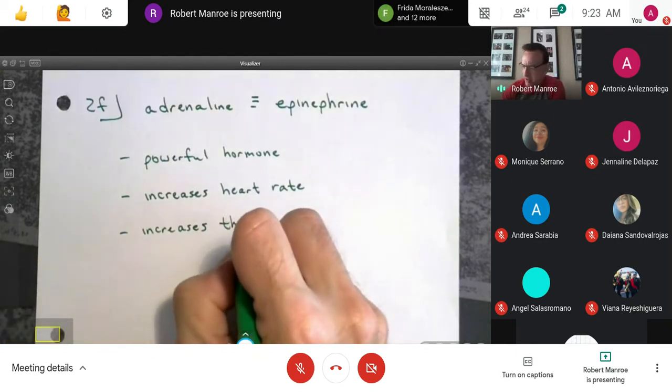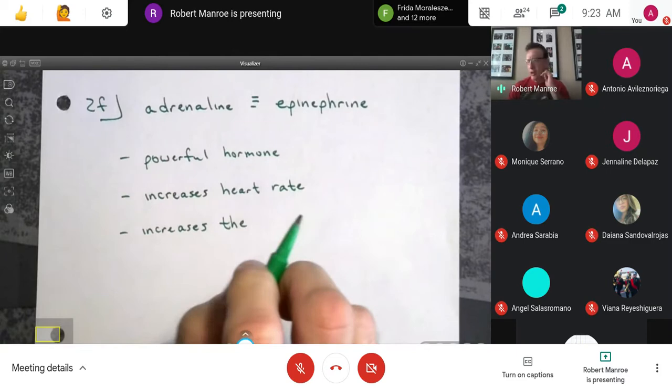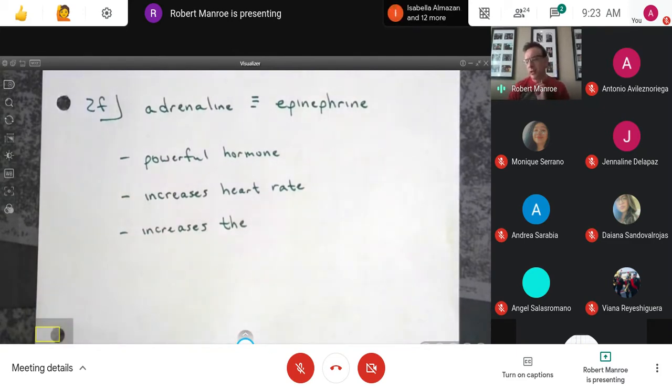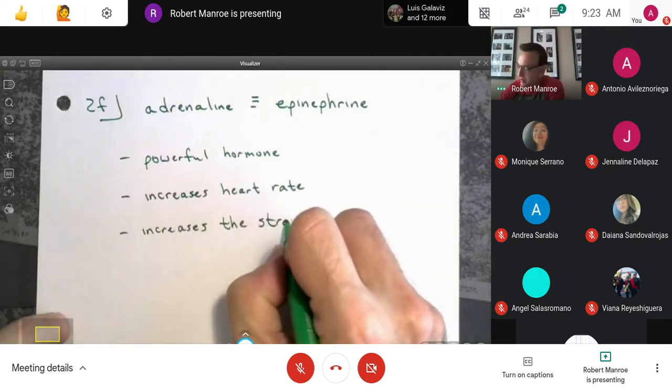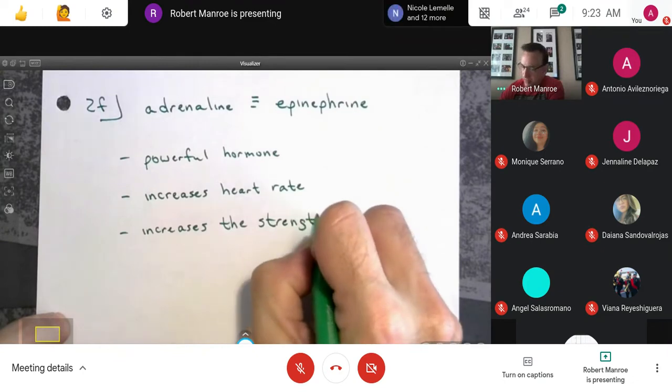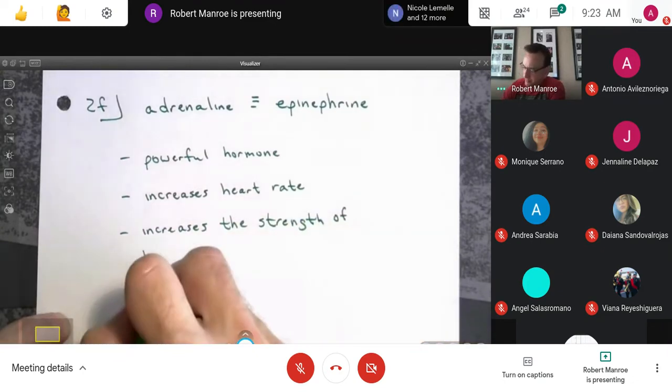You can also sometimes hear the blood rushing as the carotid artery bends and goes behind the eardrum. If your heartbeat is strong enough, some people can actually hear it in their ears. It's pretty powerful. So it increases the strength of heart contraction.